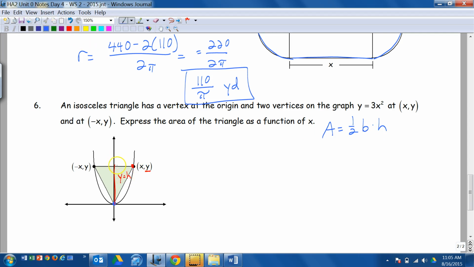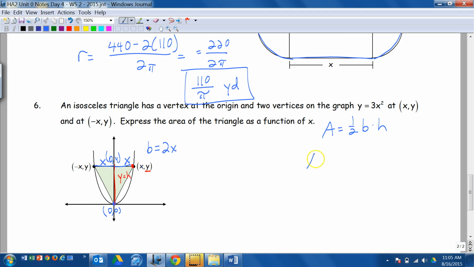Our base is these pieces added together. Well, remember, this is 0, 0 down here. This is 0, y up here. So to go from 0 to x, we moved a distance of x. To go from 0 to negative x, we moved a distance. Again, don't worry about the negative sign because we're talking about a length now. You've moved x units. So the total base is equal to 2x if you add those together.